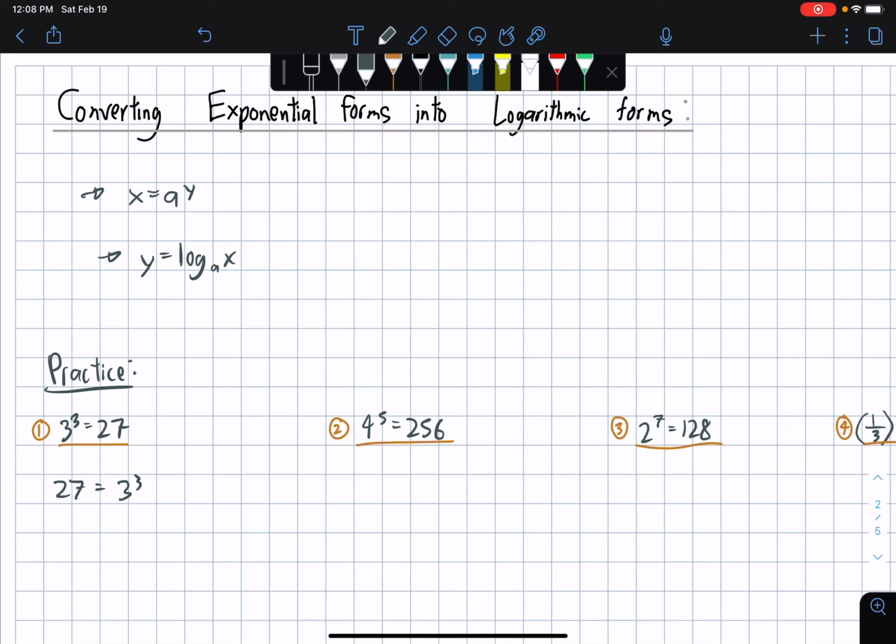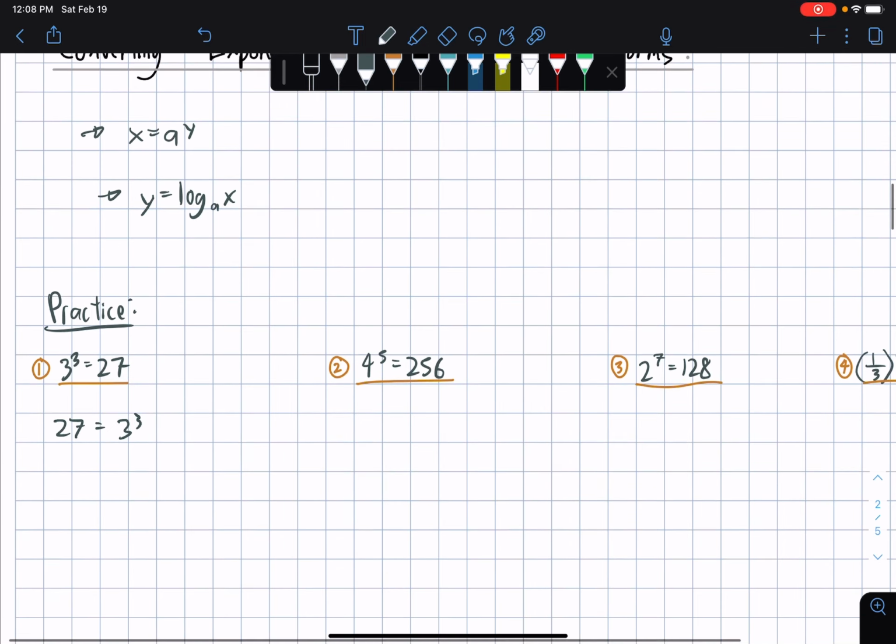So 27 will be at the left side and 3 raised to 3 will be at the right side. Now, we know that y has to be placed at the left side. Y is 3 when it comes to number 1. So you place 3 and place an equal sign, write log, and we know that 3 will remain as a sub-value at the right side, and 27 will be placed in this fashion.